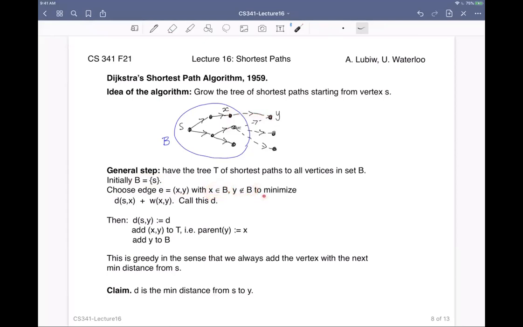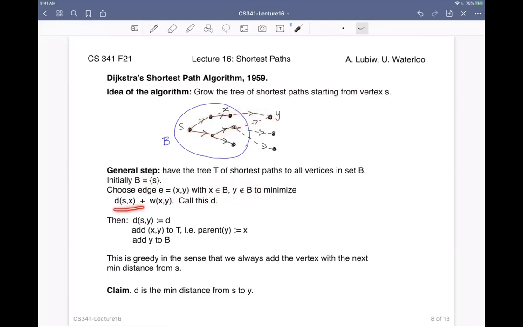And the thing I would like to minimize, to be greedy about, if you like, is the distance from S to that start vertex X plus the weight of the edge from X to Y. Okay, so I am considering all the ways I can get from S to some vertex in B and take one edge to the vertex Y.